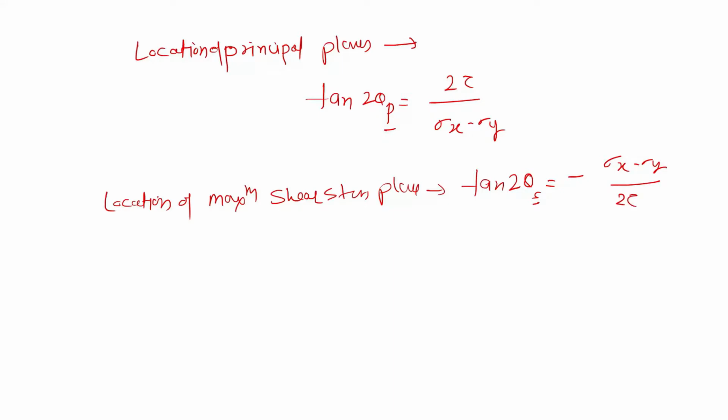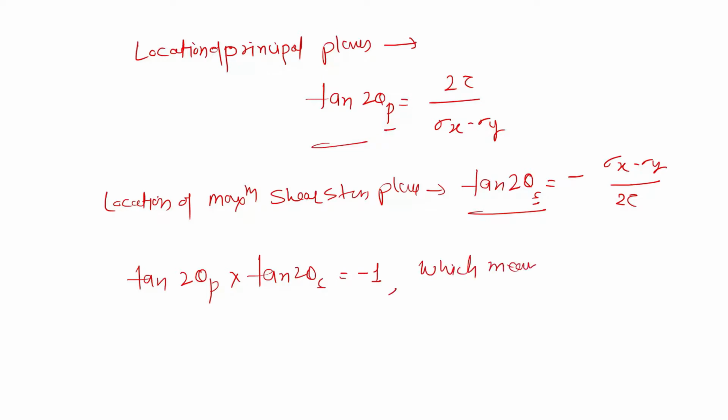If we multiply tan 2 theta p and tan 2 theta s, we get minus 1, which means 2 theta s is equal to 2 theta p plus 90 degree, or we can say theta s is equal to theta p plus 45 degree.